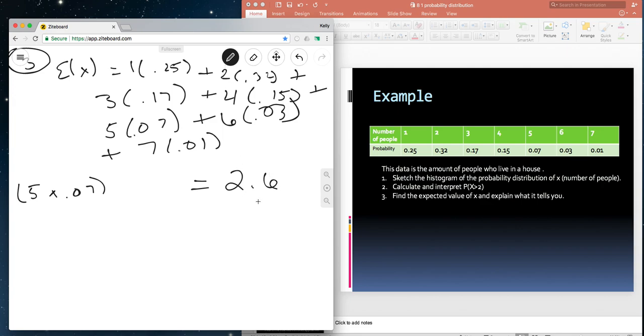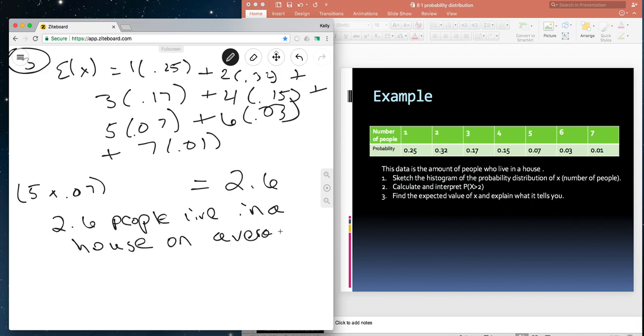So what does this actually mean? How many people on average live in a house? So it means basically 2.6 people live in a house on average. It is an average amount because how do you have 0.6 of a person? You can't, okay?